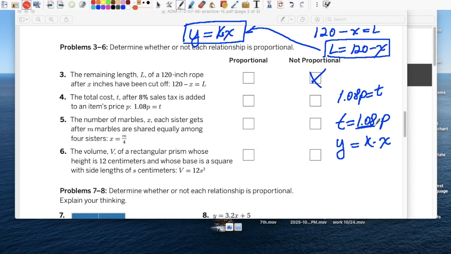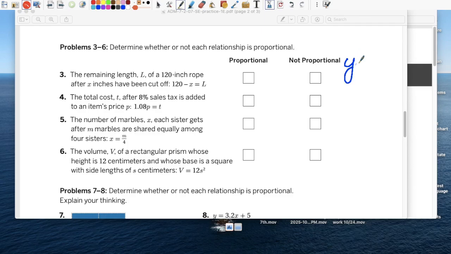So this is our constant of proportionality, which is k, and it's multiplied by a variable, or in this case, the price of the item p. So to find the total price of the item with tax, you would multiply 1.08 times p. So this is a proportional relationship.